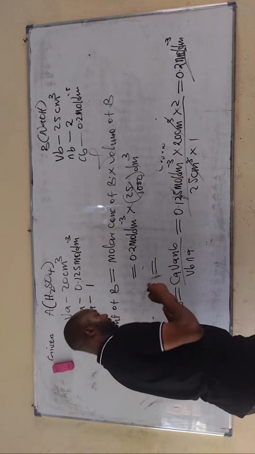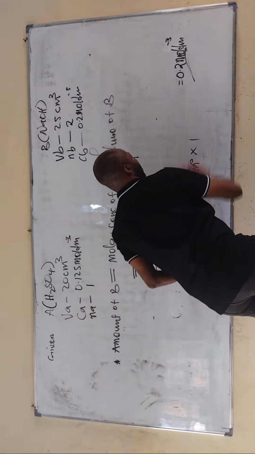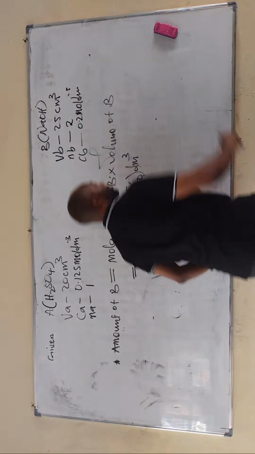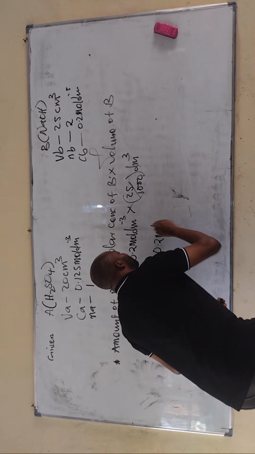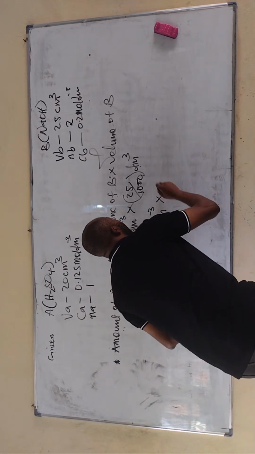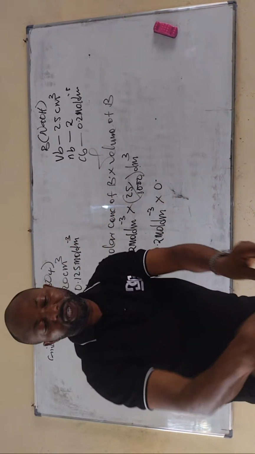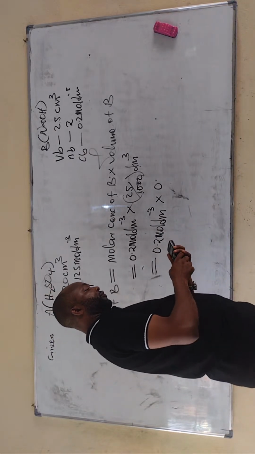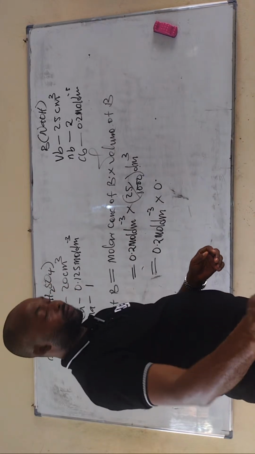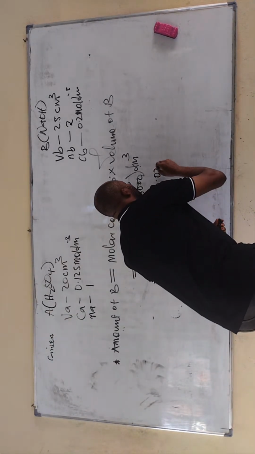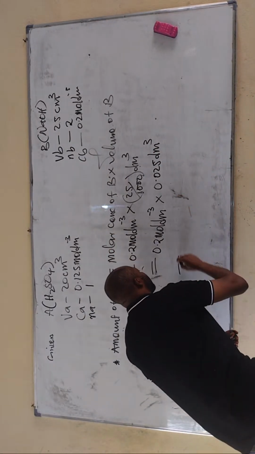So 0.2 mole per dm cube times, let me be certain about that, 25 divided by 1000 is 0.025, so 0.025 dm cube.